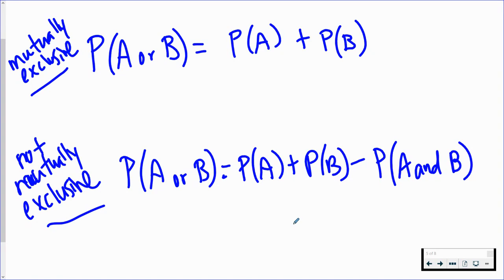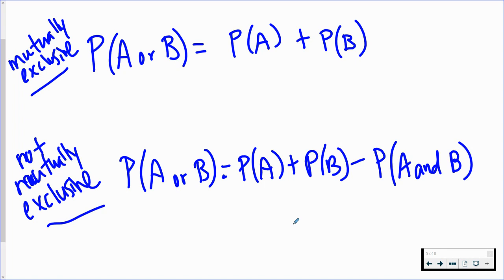However, let's say we had a problem where it said, what's the probability of drawing a 7 or a heart? Well, we do have one card that is a 7 and a heart, right? So we would have to subtract that probability away. That's what I mean by mutually exclusive, whether or not they can occur at the same time. And that's how you know which equation to use.